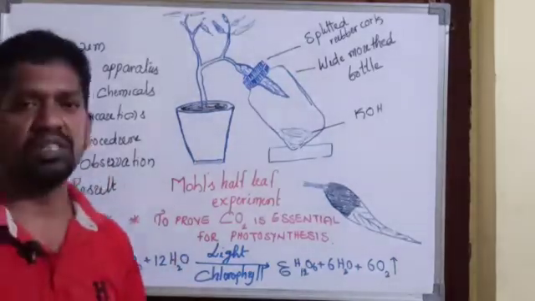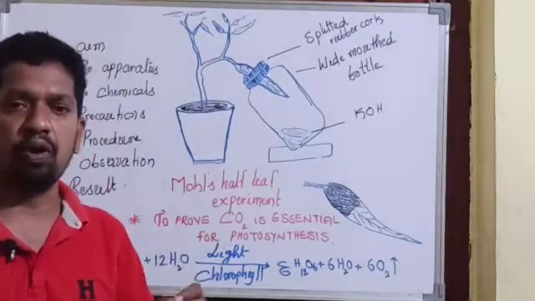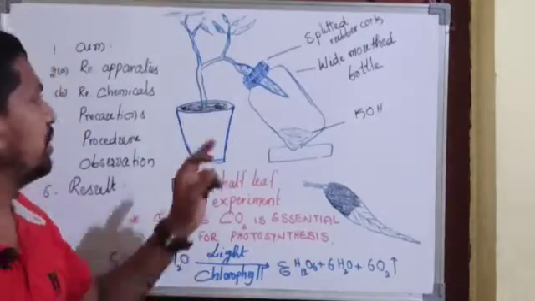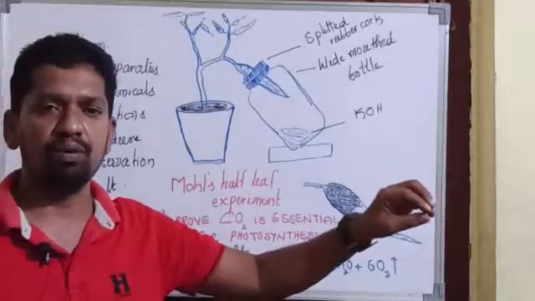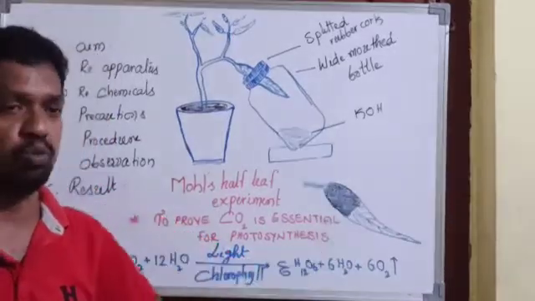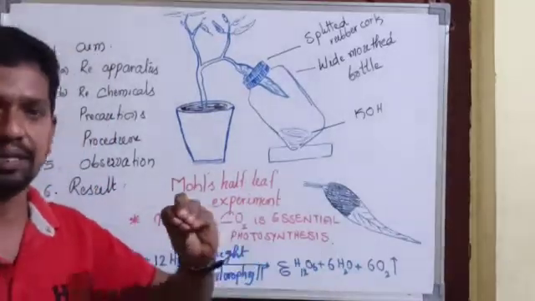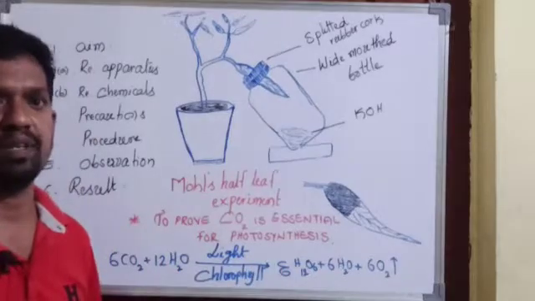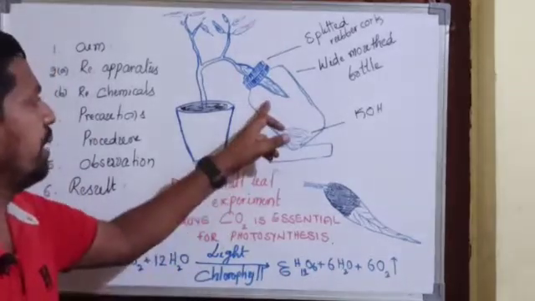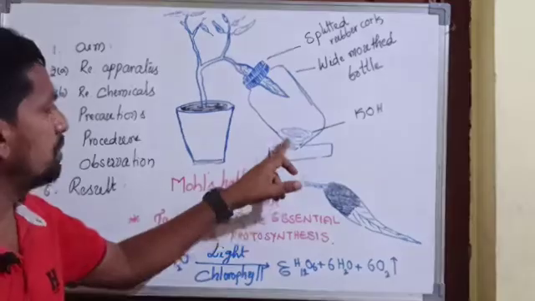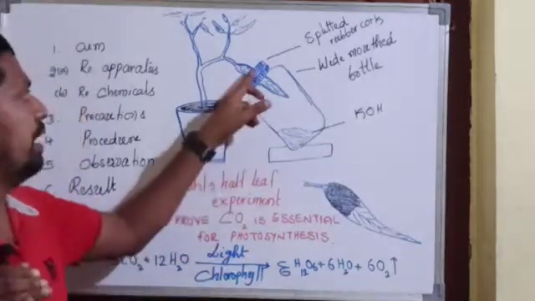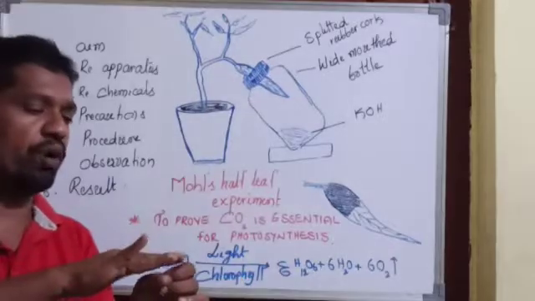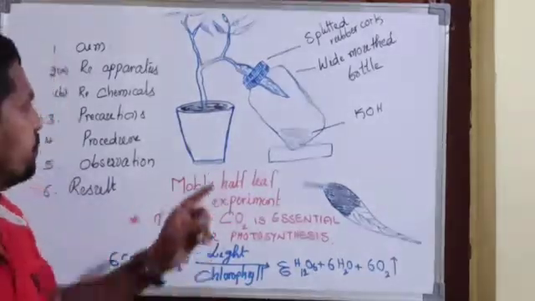Then the procedure. Take a healthy potted plant which has long and narrow leaves. Keep the plant in a dark room for more than 3 days to remove the starch, or destarchification. Then take a wide mouthed bottle and pour some potassium hydroxide solution. Then take a split rubber cork and close the bottle with it.